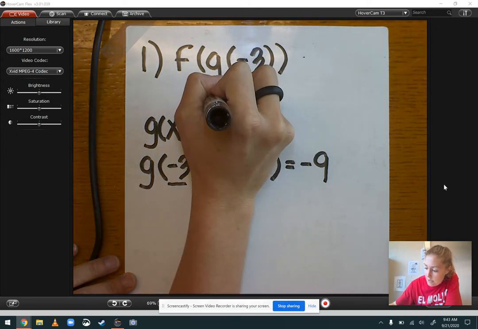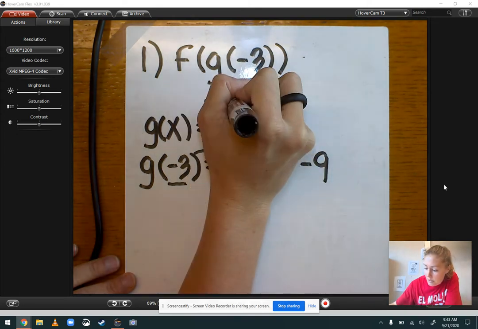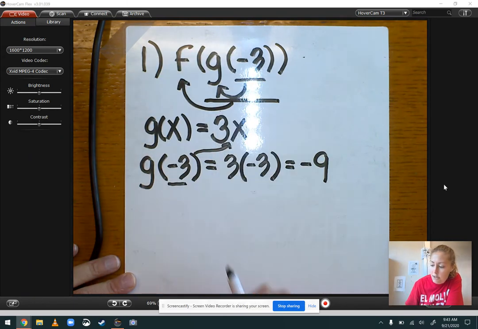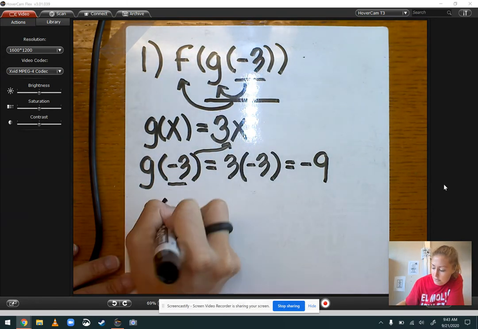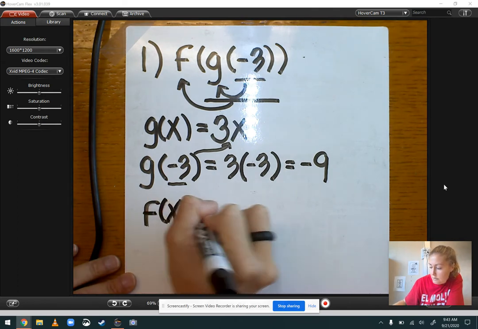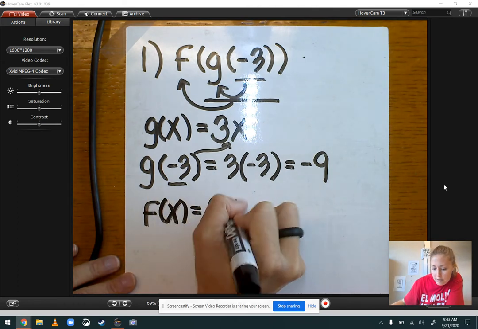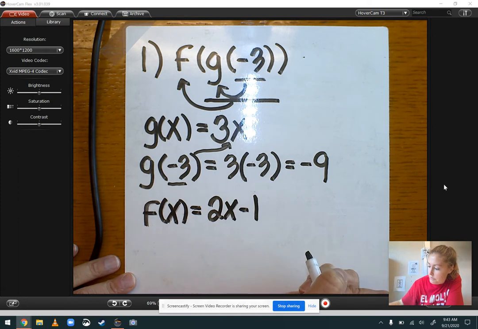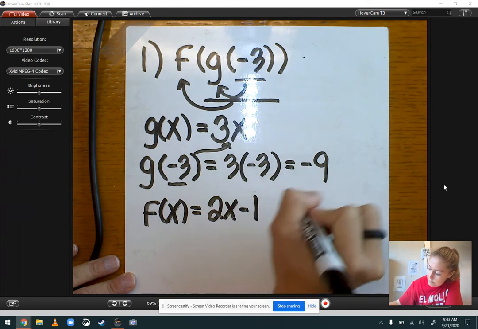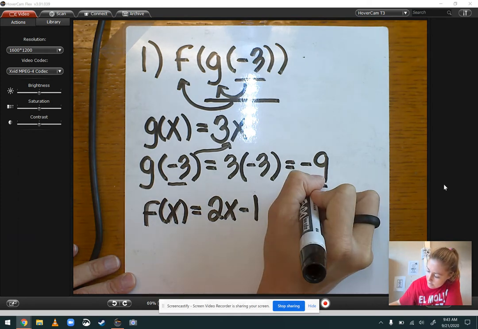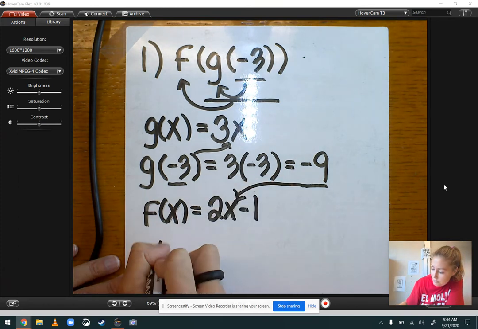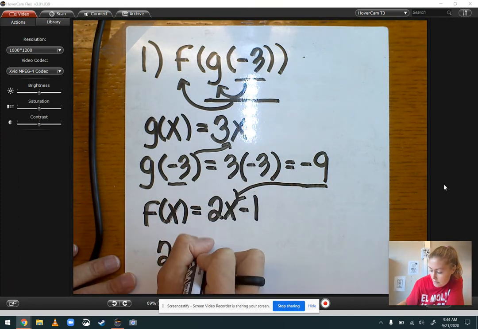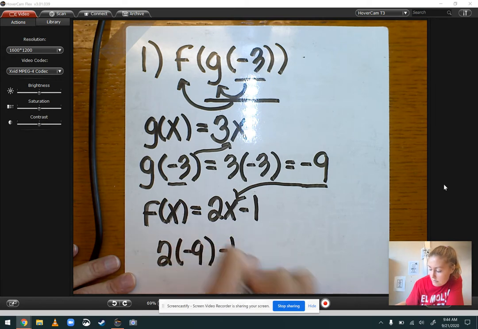Now we're going to take that value and plug that into the x of the f of x function. Our f of x is equal to 2x minus 1. So we take the -9 and plug that into the x. We have 2 times -9 minus 1.